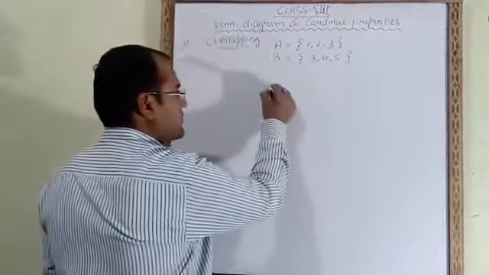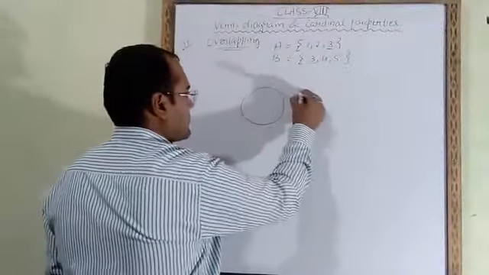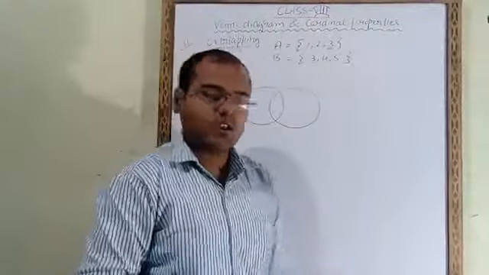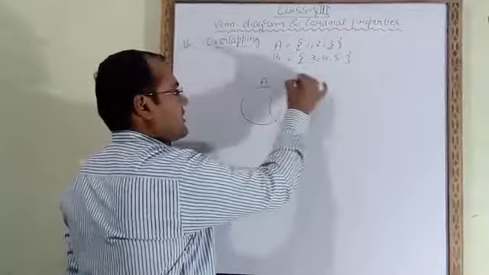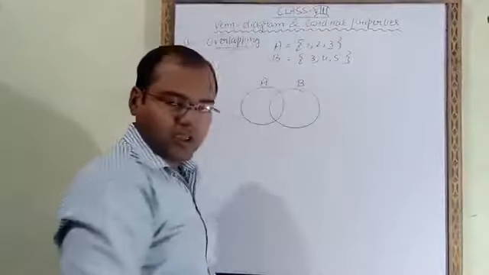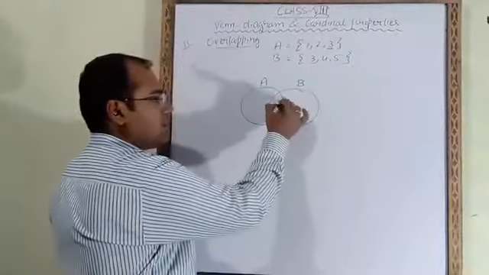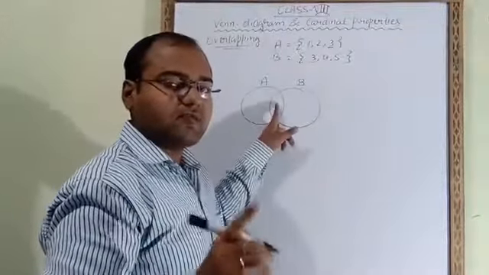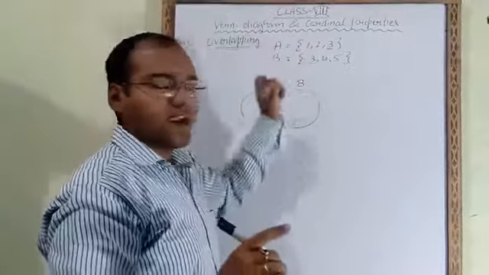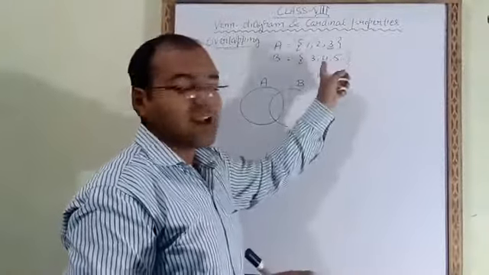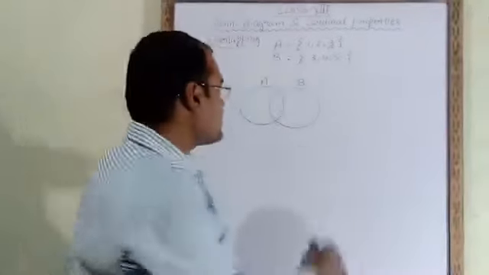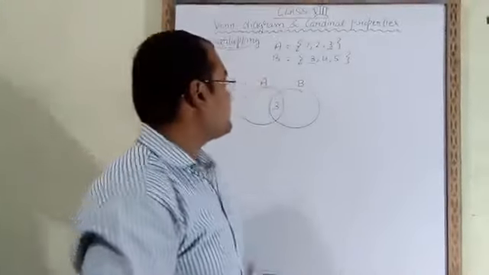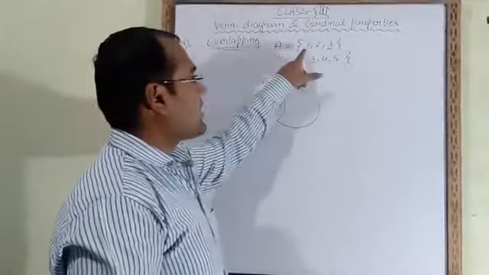You have to make two circles like this. Both the circles should cut each other like this. The first circle is A, the second circle is B. Now this middle part you have to fill first. In this middle part you fill the element which is common in both A and B. Which element is common here? 3 is common in both A and B. So we fill 3 here. Next, A elements are 1, 2, 3.